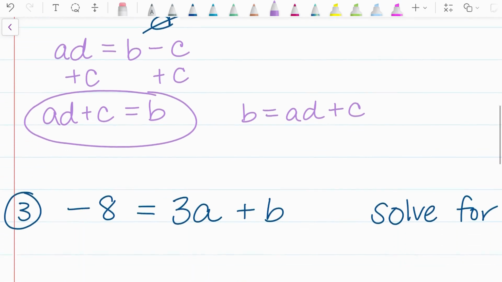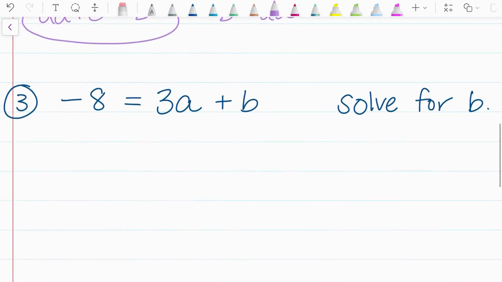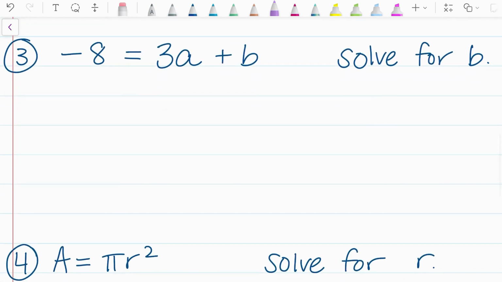All right, number 3. We are solving for b again. This time, the only thing bothering b over here, we want this b alone, is that positive 3a. So I'm going to take 3a away from both sides. And when I do that, b is alone now. So that went away.